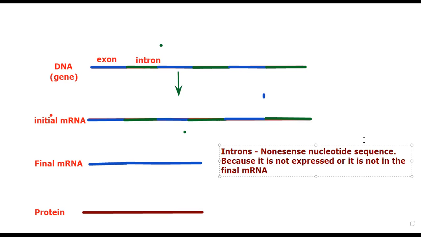Excuse me, sir. Yeah, Buddha. Sir, can you explain this again? If you take a DNA, a gene, first you have to understand that a gene is the one finally converted to protein. Do you understand it? Yes, sir.